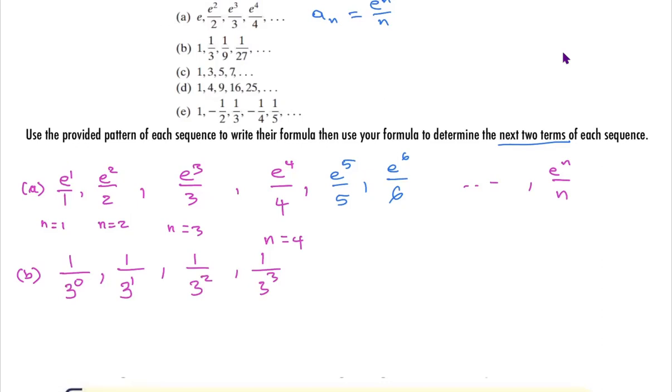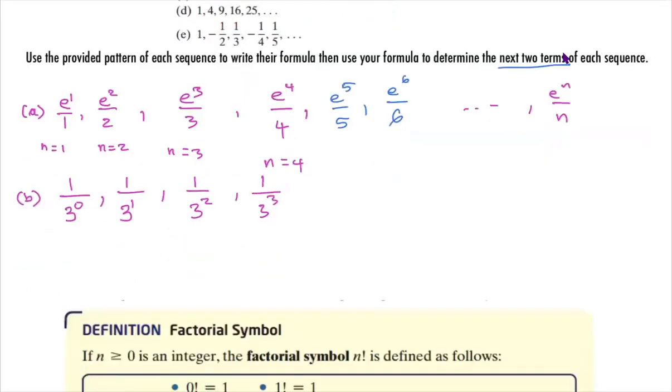But what if we don't want to start with 0? We just want to start with 1, right? If you want to start with 0, then your formula, let me call it Bn, would be 1 over 3 to the nth power, right? But in case you want to start with 1, then you can just say 1 over 3 to the power n minus 1.